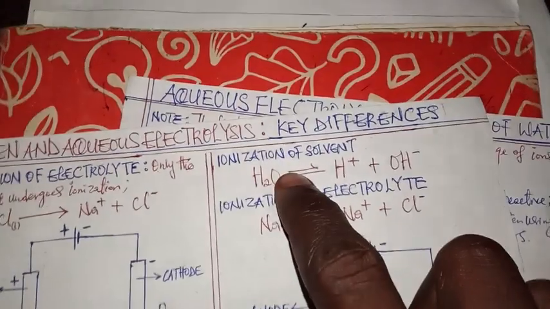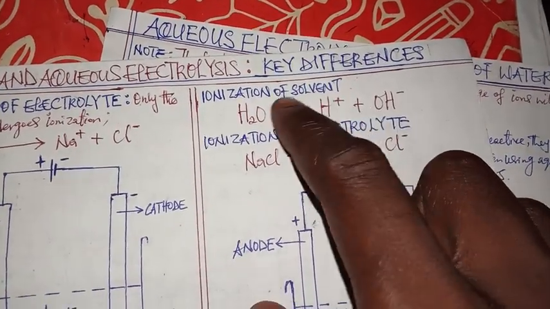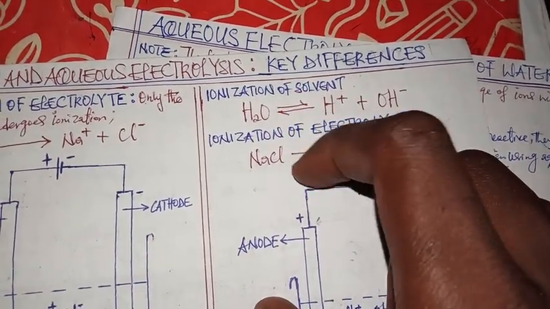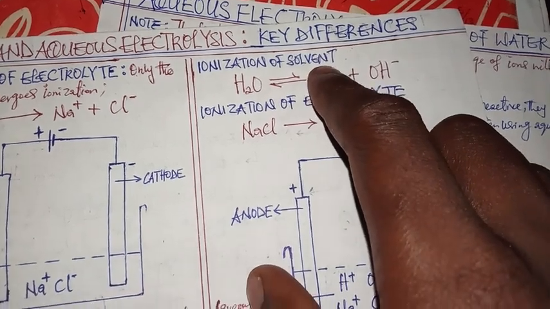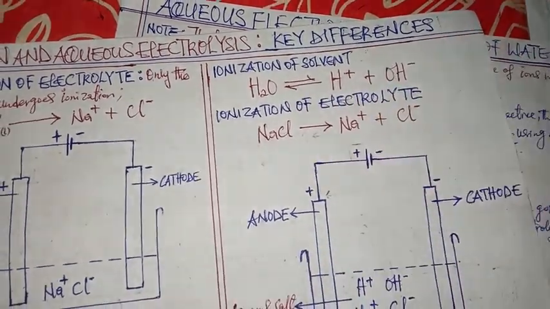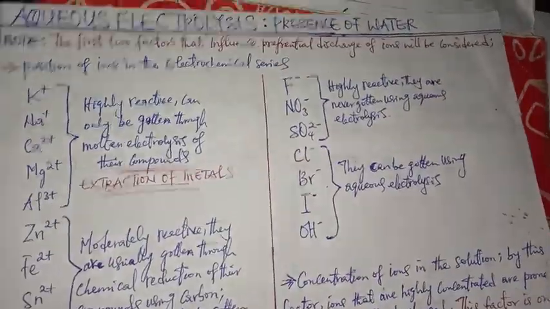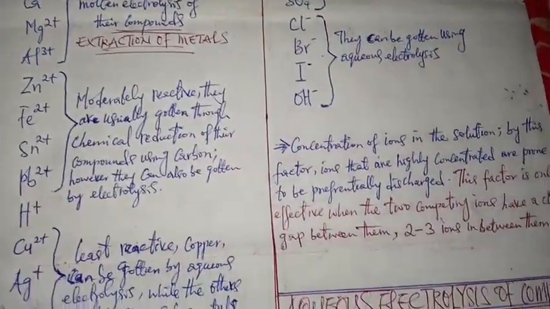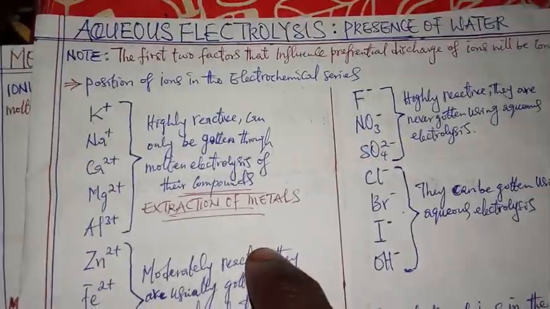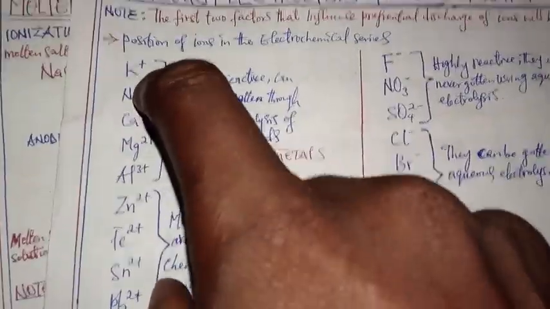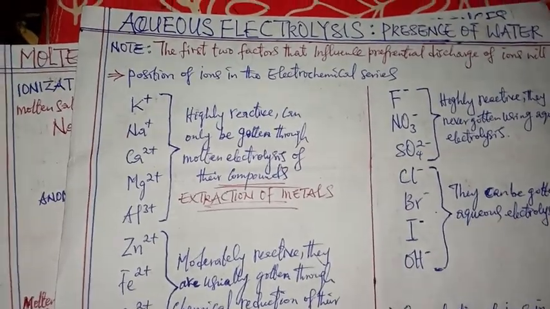We say that during aqueous electrolysis, water ionizes. So in all aqueous electrolysis we are going to treat, we are going to have one hydrogen ion and any other cation. So let's say we are treating an electrolysis involving the competition between sodium and hydrogen.